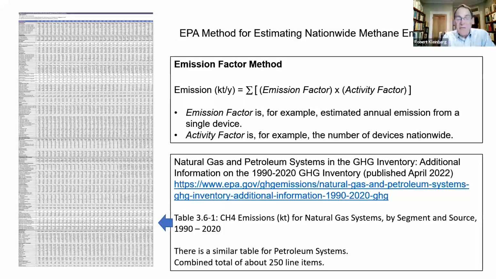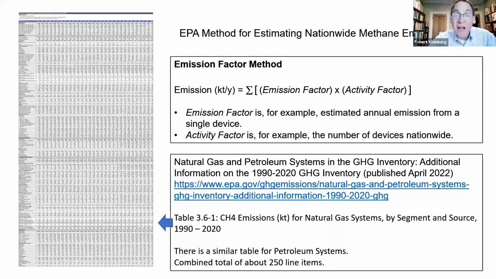I think most of you are very familiar with the emission factor method, which is the standard way of estimating methane emissions from various industry sectors, including the oil and gas sector. Just a quick reminder, the emission factor method depends on two multipliers.